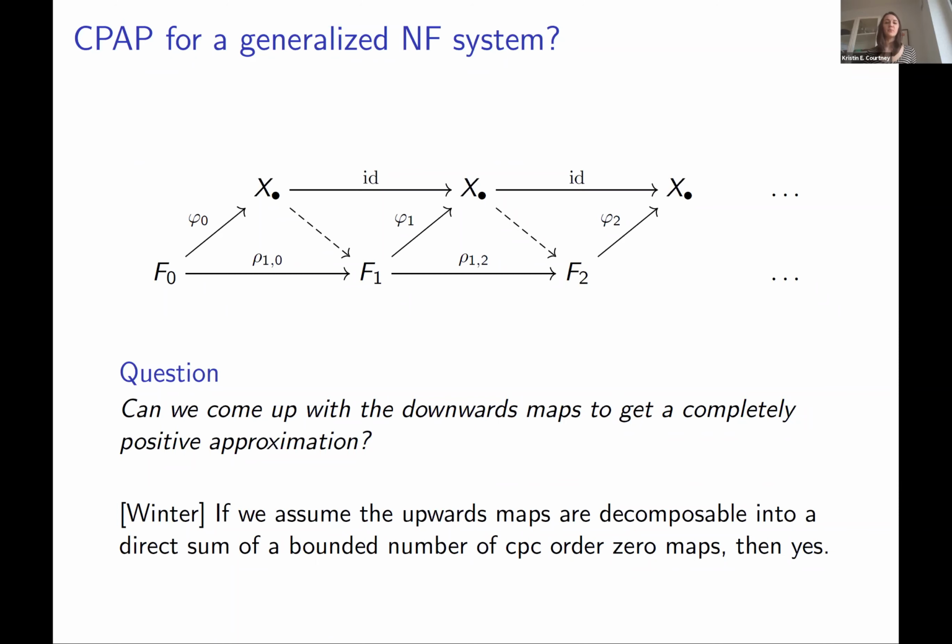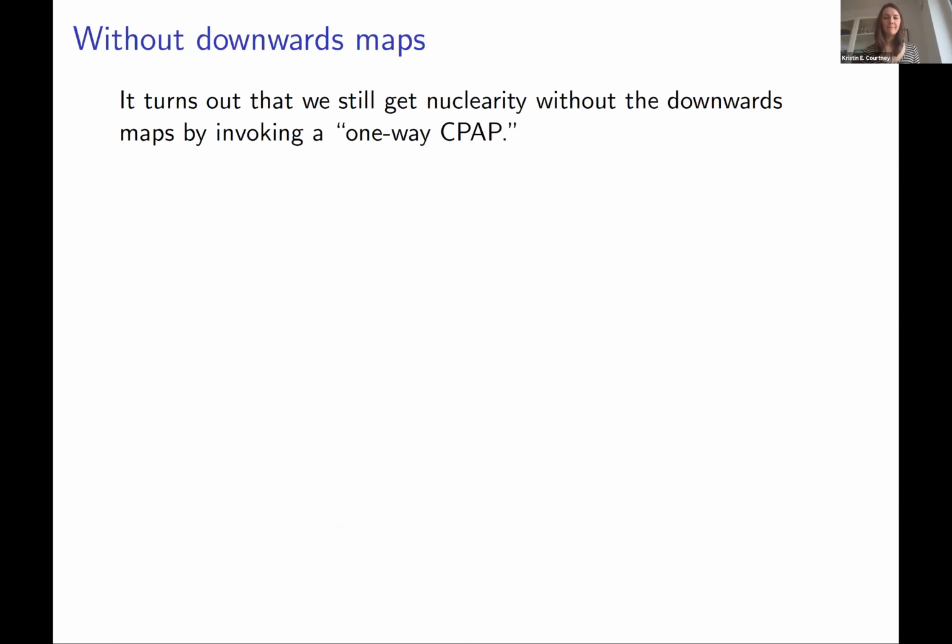Then we can come up with the downwards maps from just knowing the upwards maps. In general, we don't know the answer. But it turns out we can get around that. We can still get nuclearity without the downwards maps by invoking the one-way completely positive approximation property.